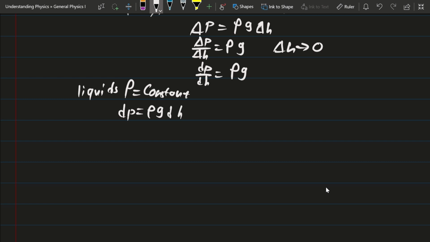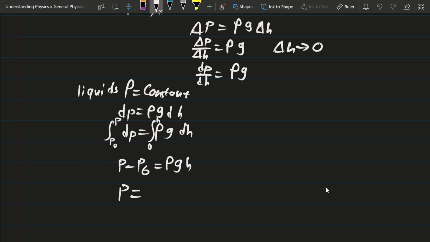And doing the integral, this starts from the initial point, which will be P0, and towards the pressure that I really want to find, called P, dP. This will equal rho g, the integral from 0 towards the point in which I'm interested, which I'll call h, dh. Doing the integral, we would get P minus P0 is equal to rho gh. So the pressure would be rho gh plus P0.